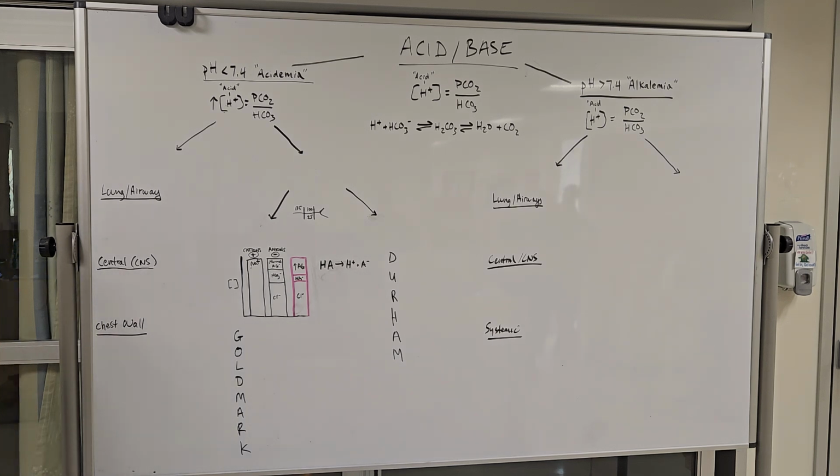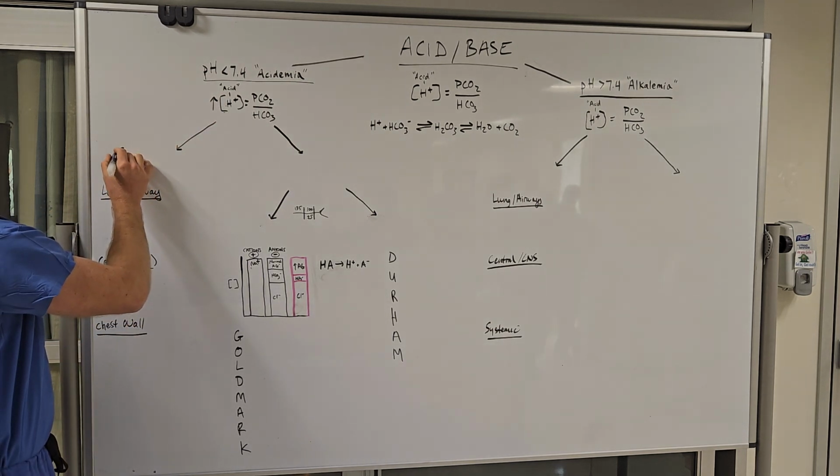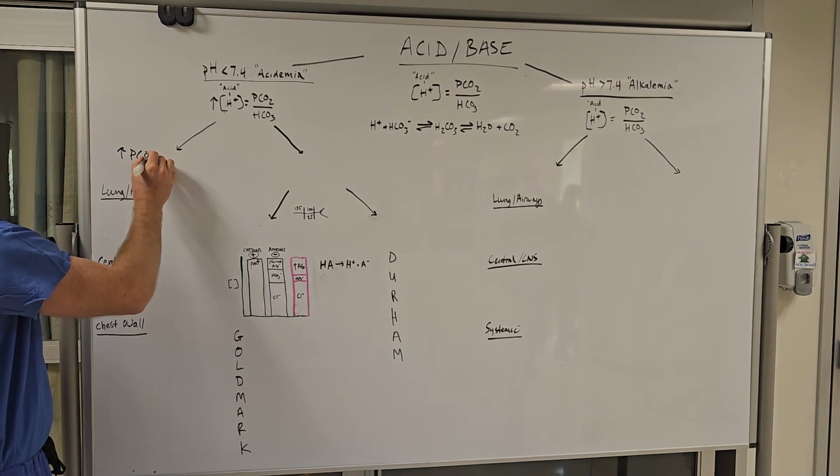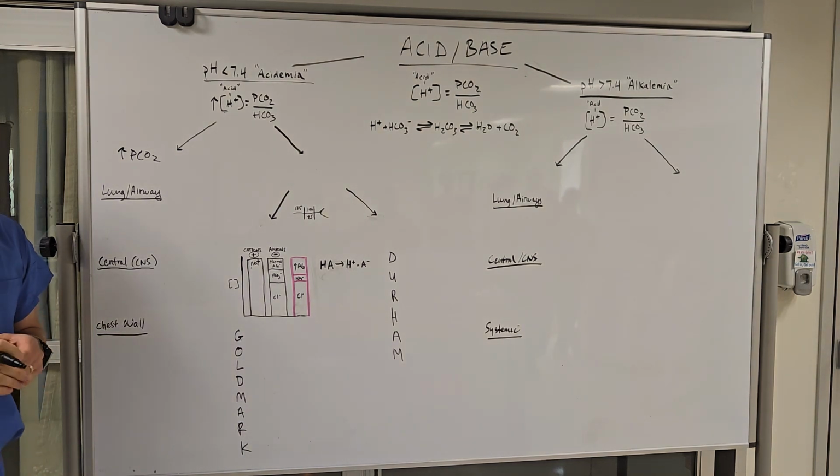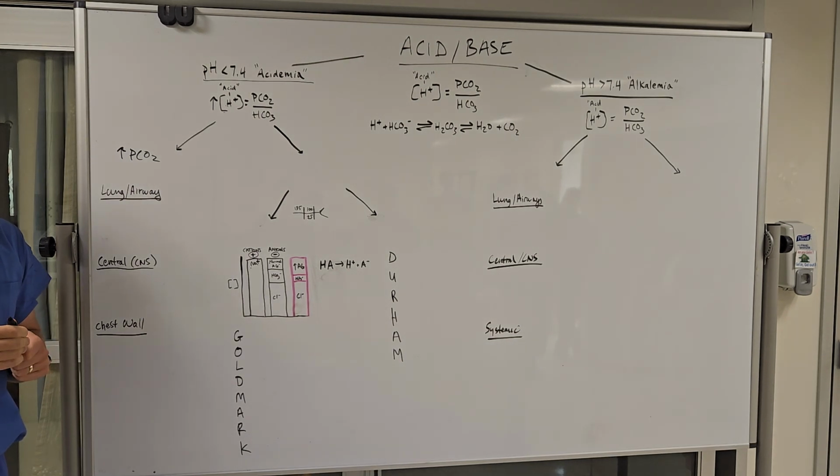So let's start with the numerator. What happening in the numerator will drive an increase in H plus in the blood, or acidosis? Increase, yeah, absolutely. An increase in PCO2. Do you know what we call that? A high PCO2 acidosis, basically.